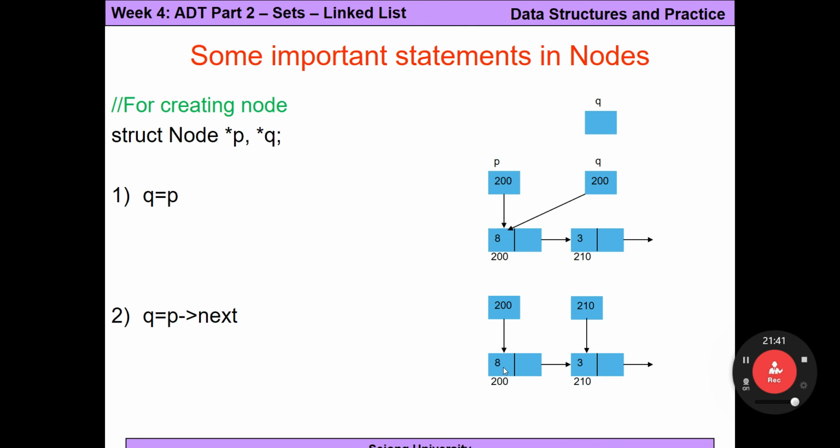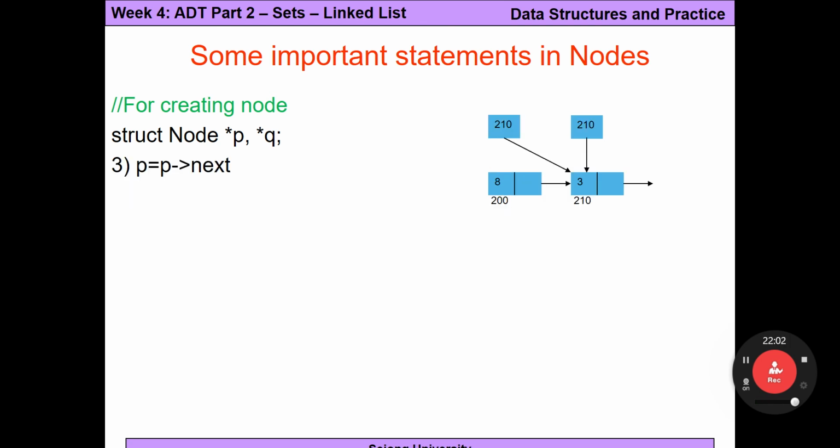We know that this is data and this is next. So I am saying P of next, and I am storing this address inside the Q. So now Q is pointing towards that node. These are a few of the important statements in case of nodes. So keep these in mind.